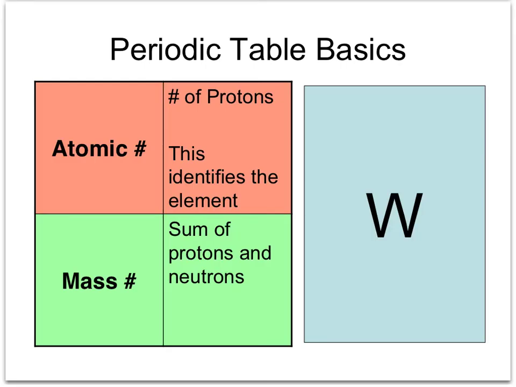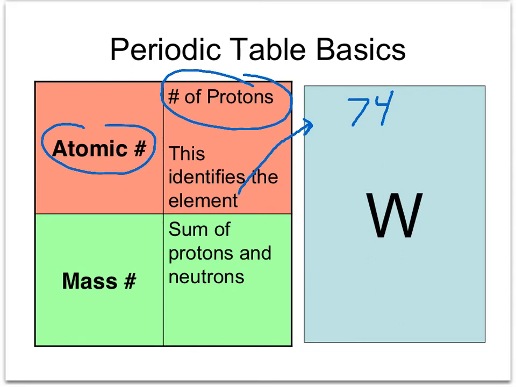Alright, now if we look at the periodic table and you find W on there, you're going to find at the top of the W a number. You're going to find that it's 74. Okay. 74, again, tells you the number of protons, and it does, in fact, identify the element. And we call this number the atomic number. Now, at the bottom of the periodic table, we find the mass of the atom.